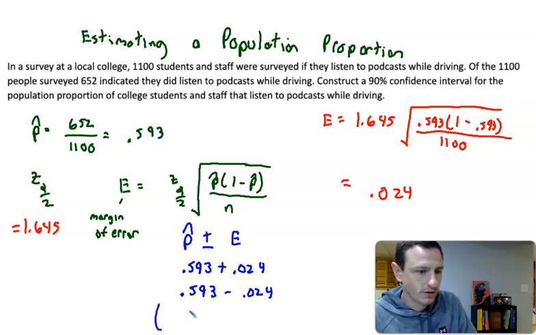So our interval here is going to be 0.593 plus 0.024, which is going to be 0.617, and then 0.593 minus 0.024 is going to be 0.569.